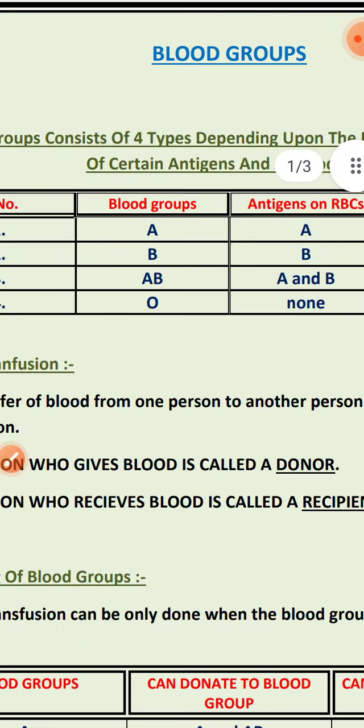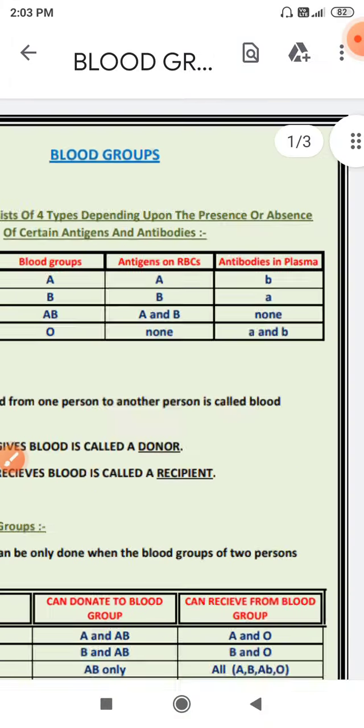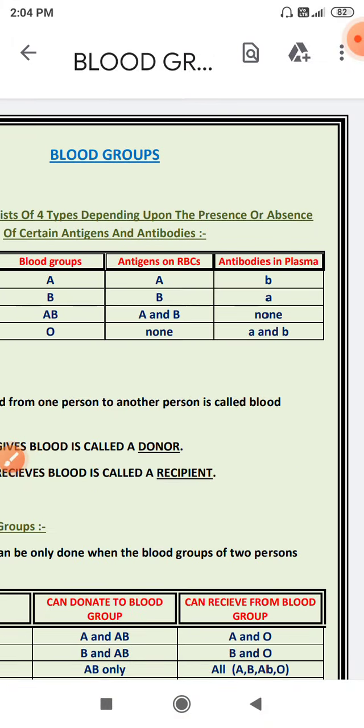The 4 types are blood group A, blood group B, blood group AB, and blood group O. The antigen in blood group A is capital A, the antigen in blood group B is capital B, the antigen in blood group AB is A and B, and in blood group O there is no antigen.